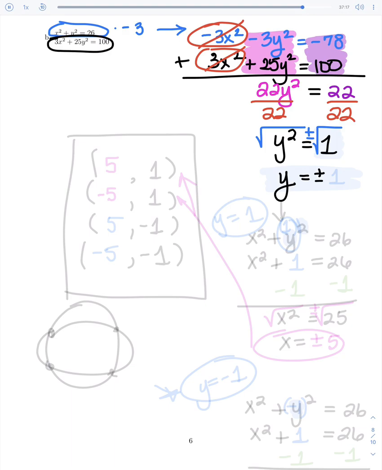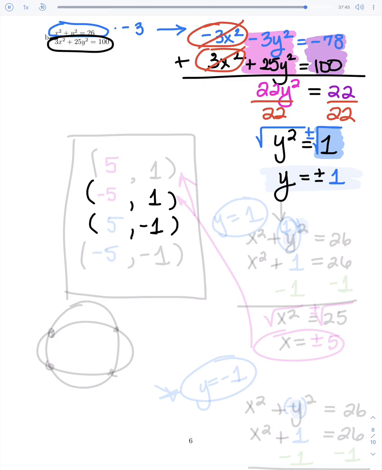Well, what is the square root of 1? The square root of 1 is just 1. So I get two answers for y: positive 1 and -1. What does that mean? It means I'm going to end up with at least one pair of points, one with a positive 1 as my y and one with a -1 as my y.